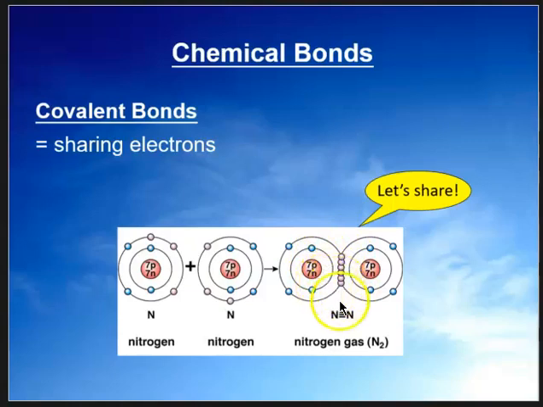So we can write that as N with 3 lines and then another N, saying that they are each sharing 3 of their electrons with each other. You could say that is a triple bond. About 78% of our air is actually made up of nitrogen gas.